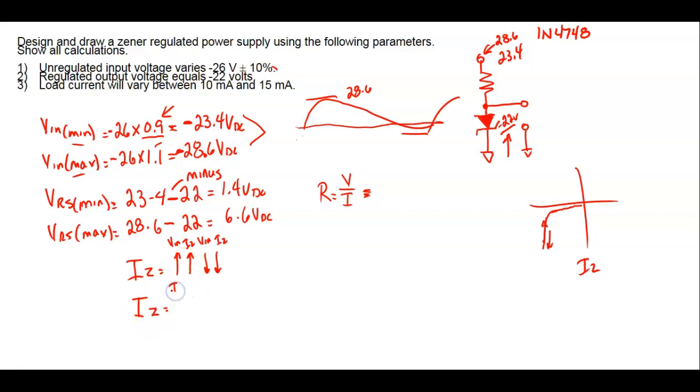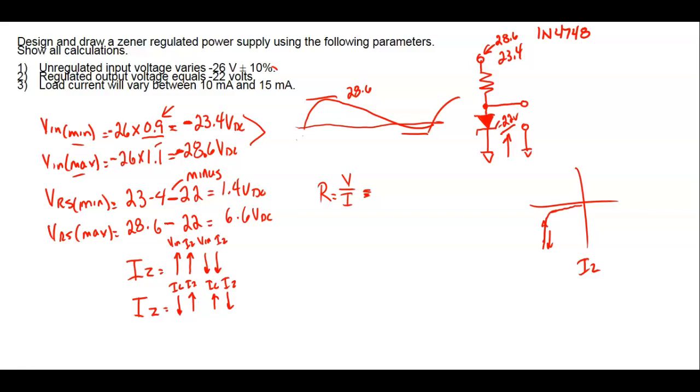If I of the load goes down, zener current goes up. If the I of the load goes up, then zener current would go down. So zener current varies opposite of the load current, but in the same direction as the input voltage.